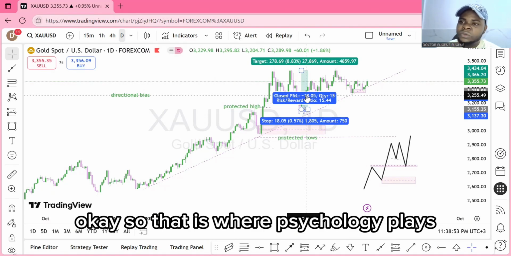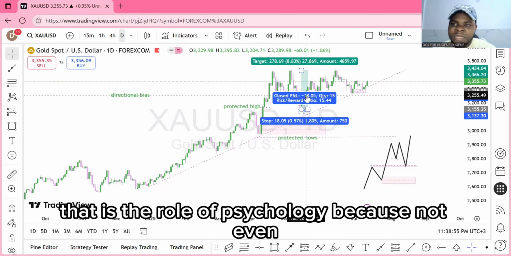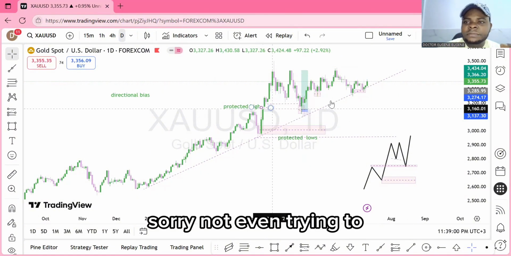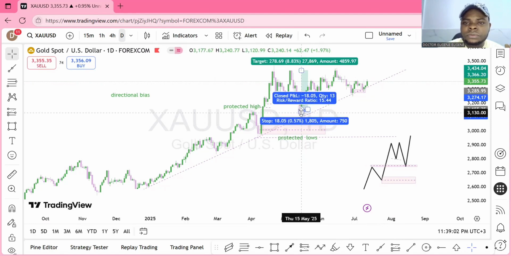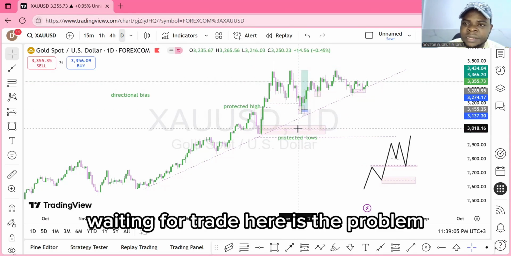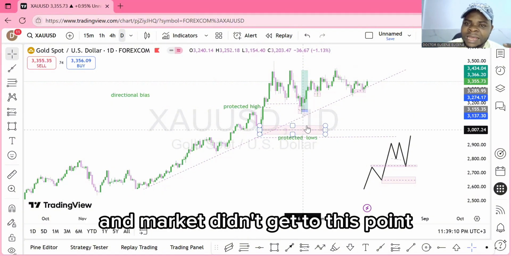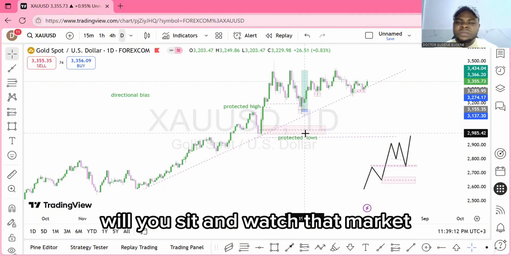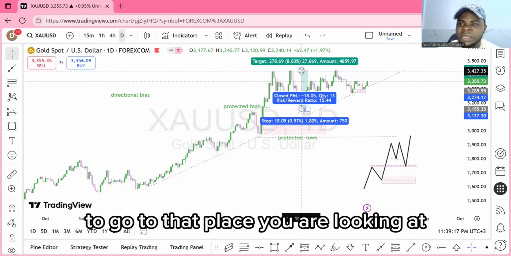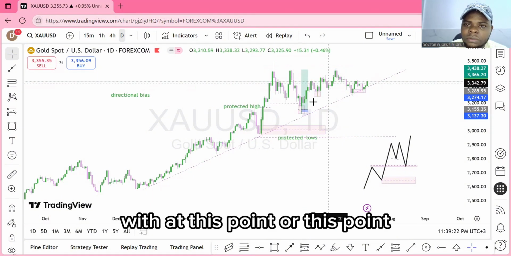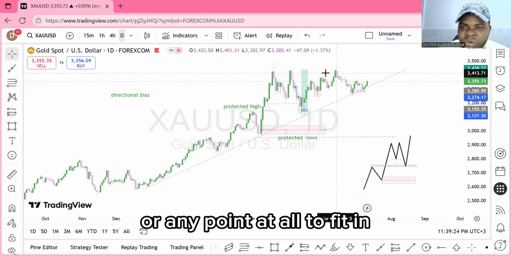That is the role of psychology, because waiting for a trade here is not the problem. The problem is, after waiting for a trade here and the market didn't get to this point, will you sit firm and watch that market go to that place you are looking at without placing that trade at this point or any point at all?